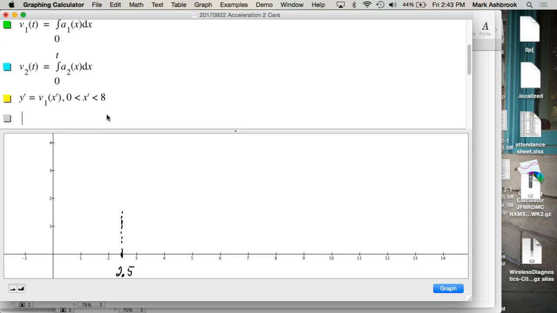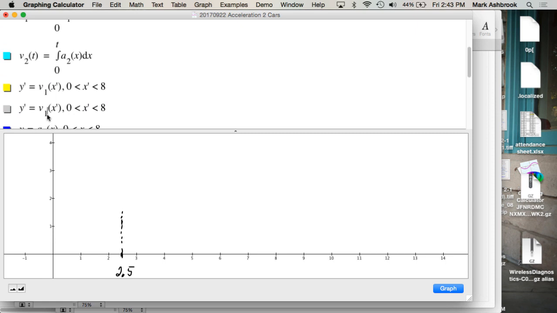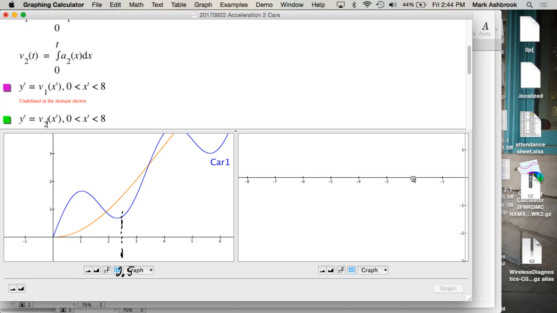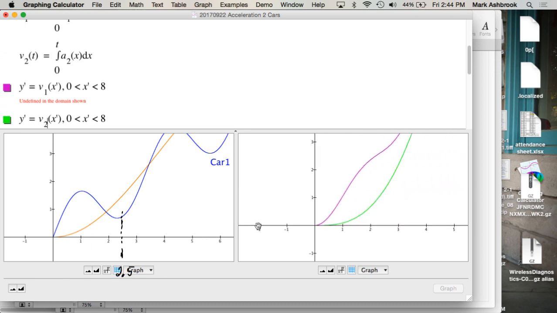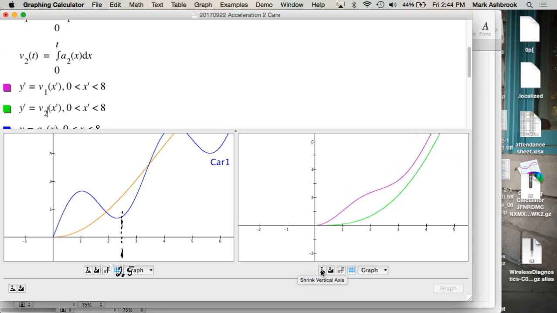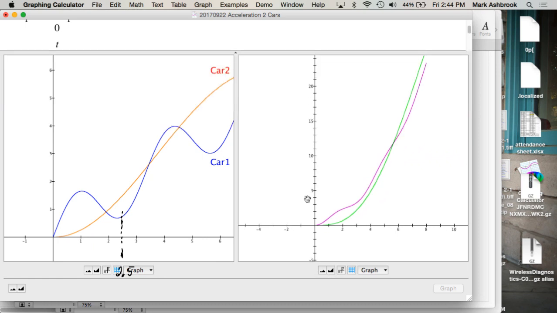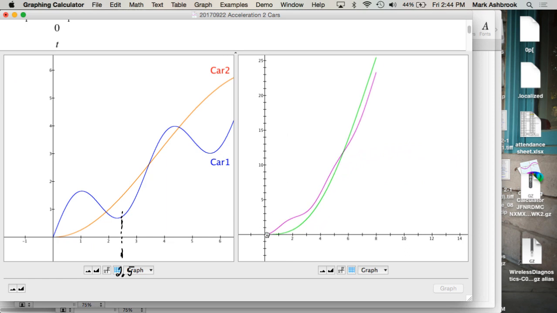Oops. Let's do purple and green. Do they show up?